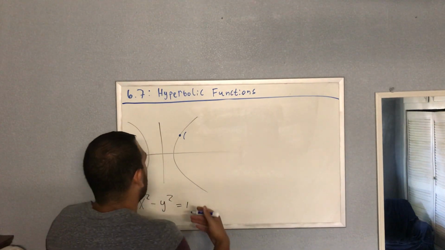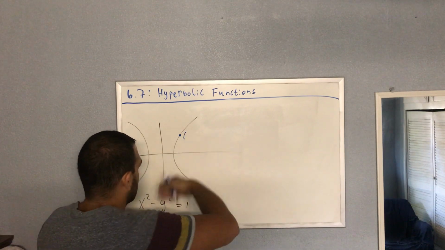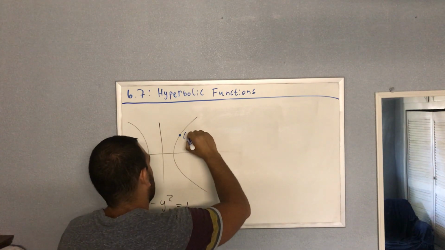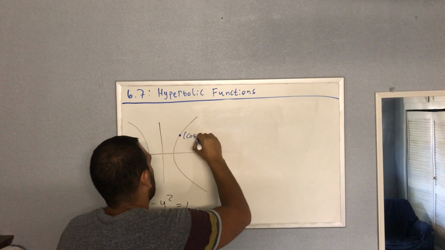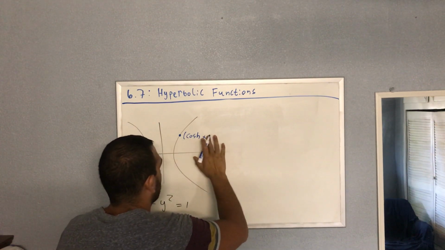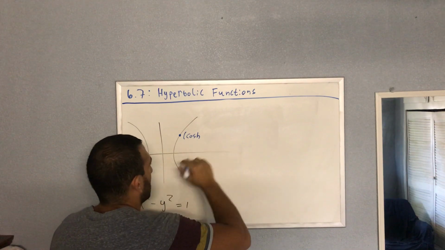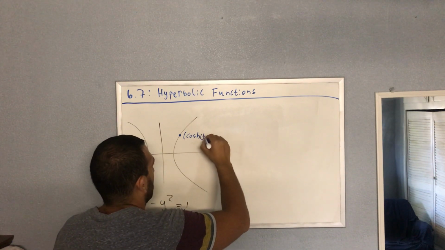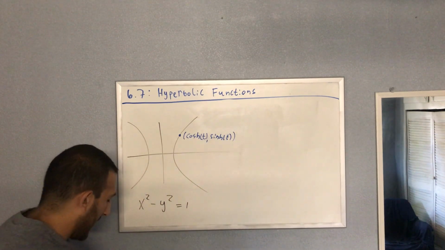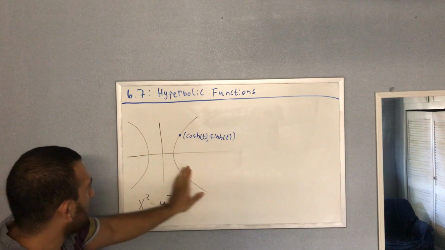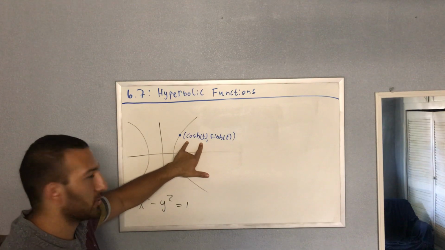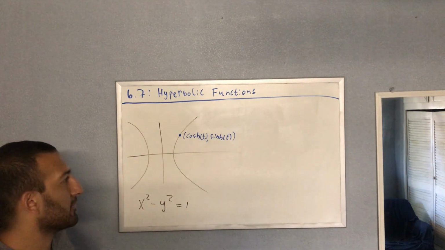So if you consider it as just some real number that you're using to measure something, like in trig world it was the angle, then this point here is hyperbolic cosine of, we'll just say x. Maybe x is confusing because that's like an xy pair. So let's say t. So the xy coordinate on this hyperbola now is going to be given by: the x coordinate is given by cosh of t. The y coordinate is given by sinh of t.